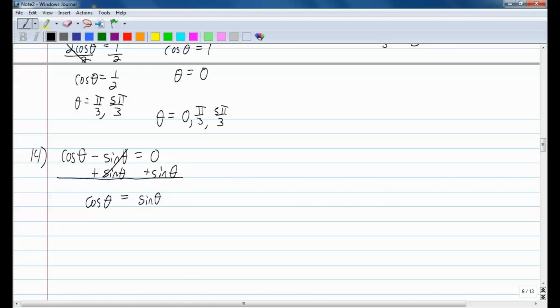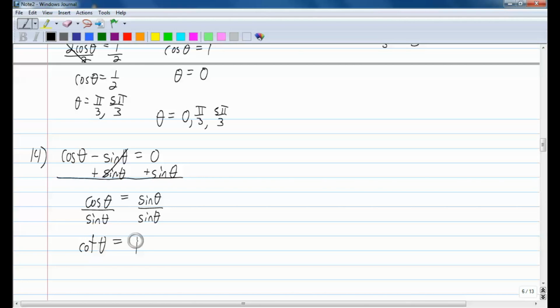We want to get a number on one side. The way that we would do that is dividing both sides by cosine or dividing both sides by sine. I'm going to divide both sides by sine. So I would have cosine over sine, probably not the best one, but cotangent still works, equals 1.